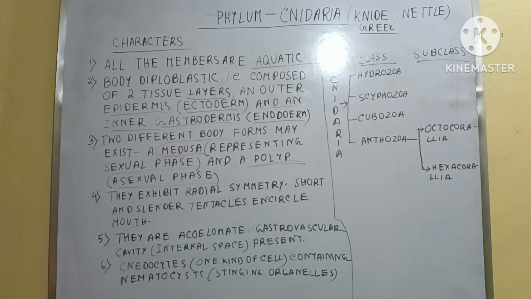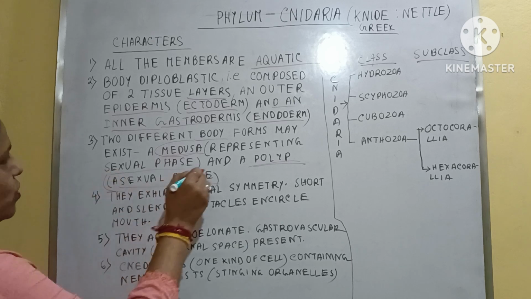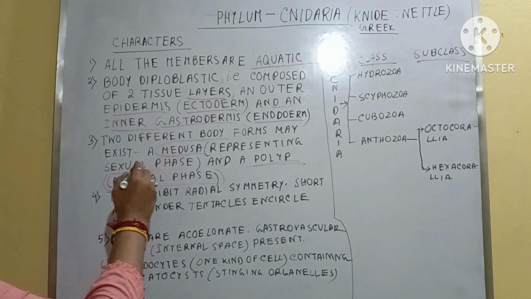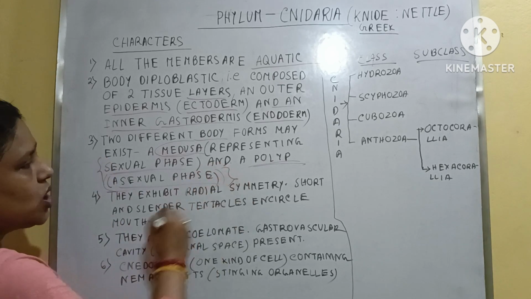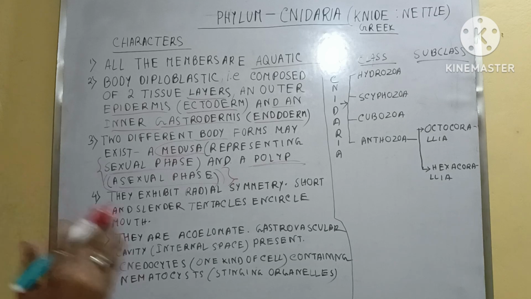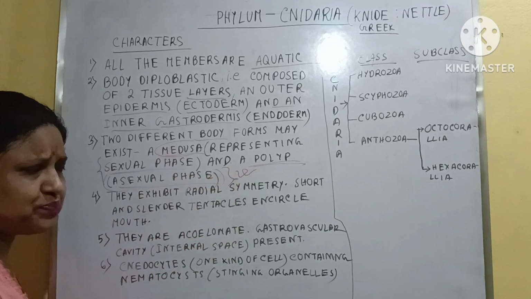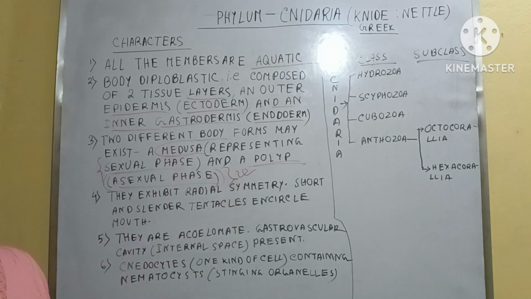Why? Because in the polyp the new one grows asexually, but in the medusa the new one grows sexually. That means two gametes are needed in this situation, while in the polyp gametes are not needed. One parent body is needed for the production of the new ones.